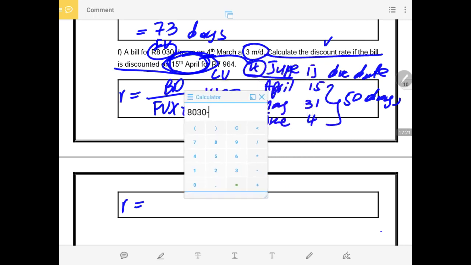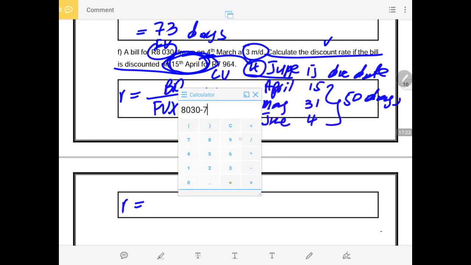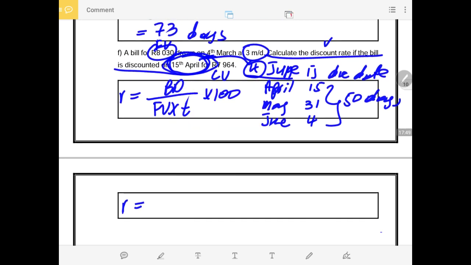Cash value of the bill is 7,964 rands. Then 8,030 minus 7,964. How much do we get? In number F, we get 66 rand. Yes, 66 rand is our banker's discount.